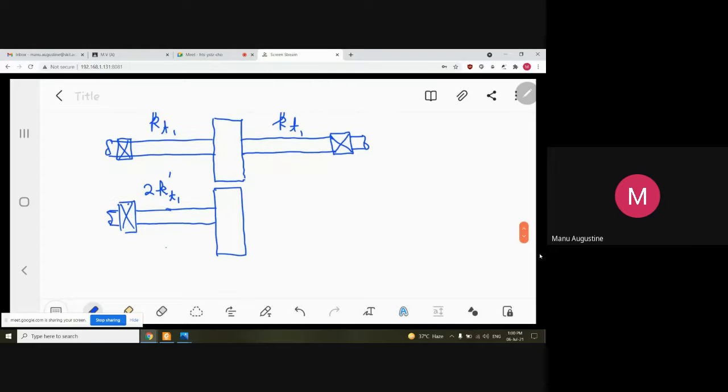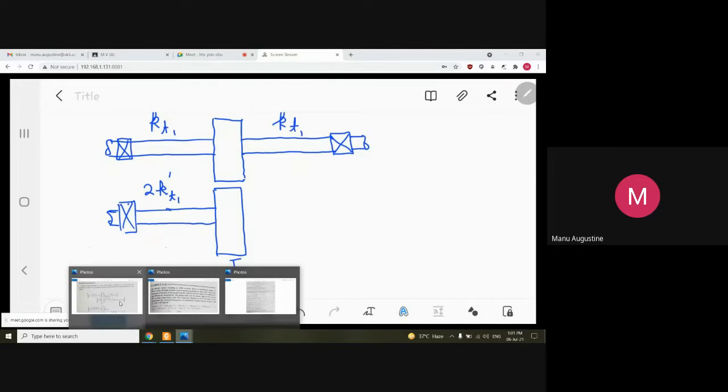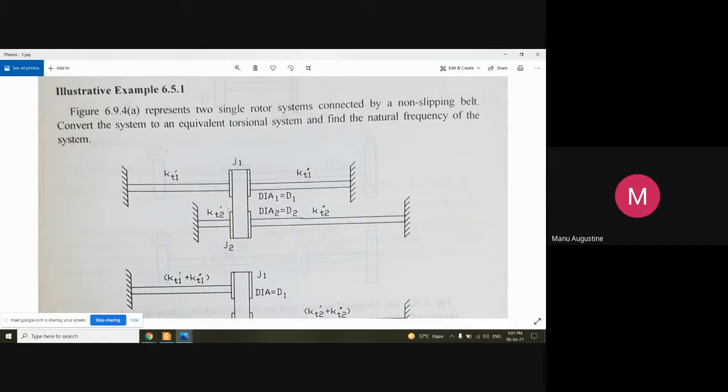The inertia of the mass will remain the same because I have not actually connected it to the other gearing at the other end. So I do not know which is primary, which is secondary, which is driving, which is driven. I simply know that I have converted a given system into a simpler system. And similarly, if you look at the driven side of the shafting mechanism, once again you have got shafts of the same stiffness on either side of an inertia element J2. So we will convert this system also.